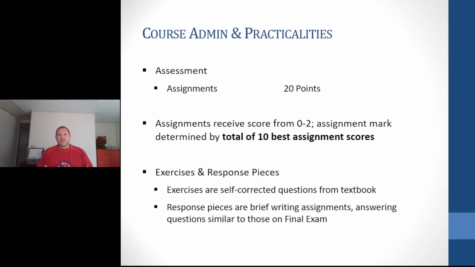So assignments are worth either 0, 1, or 2 points. You get 2 points if you do all the questions and you self-correct. You get 1 point if you only do some of the questions or you don't self-correct. And you get 0 if you don't submit anything. So that's the first half: self-corrected questions from our logic textbook.